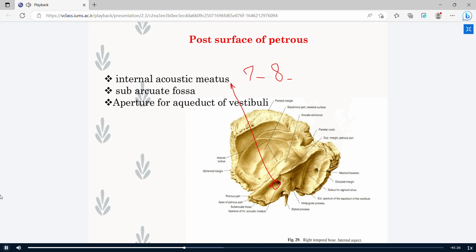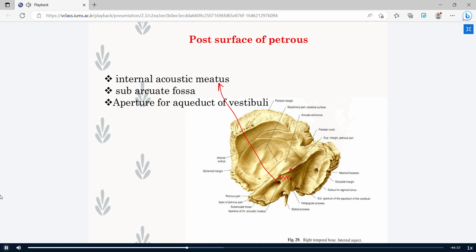You should know about the content of vessels and nerves passing through this foramen. So on the posterior surface of the petrous part, there is the internal acoustic meatus for passing nerves 7, 8, and the labyrinthine artery. And there is a subarcuate fossa.